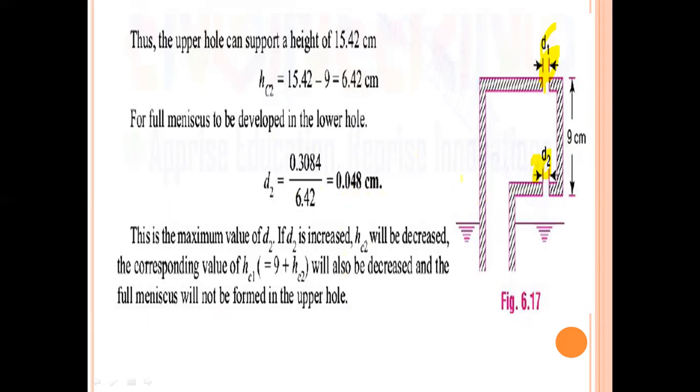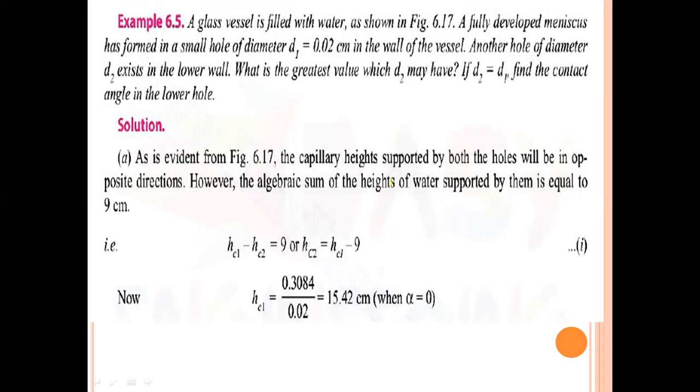Hc1 equal to the height of the capillary rise, 15.42. Here in this figure, the capillary heights supported in the two holes will be in opposite directions. The algebraic sum of the heights of water supported by them equals 9 centimeters. That is Hc1 minus Hc2 equal to 9.